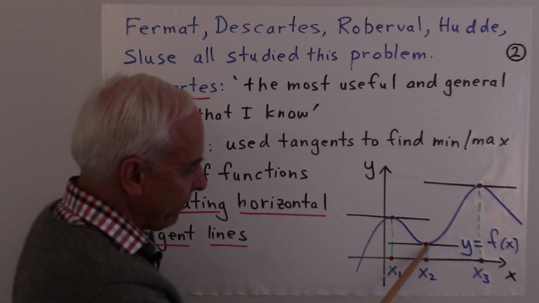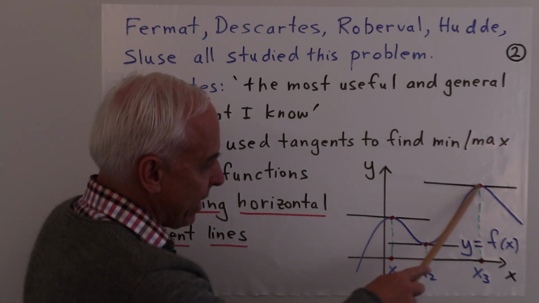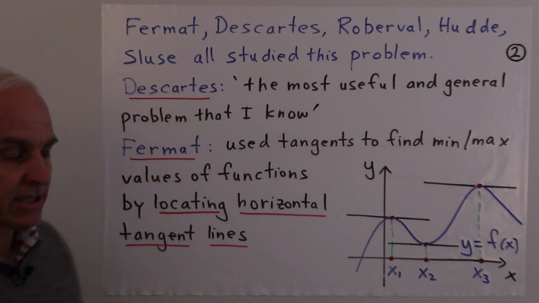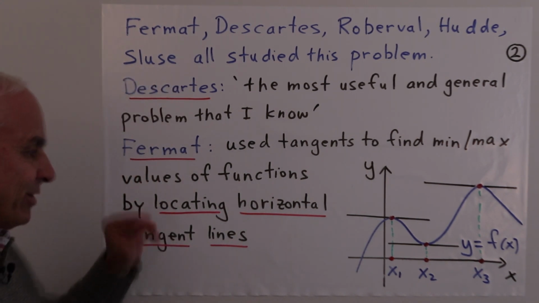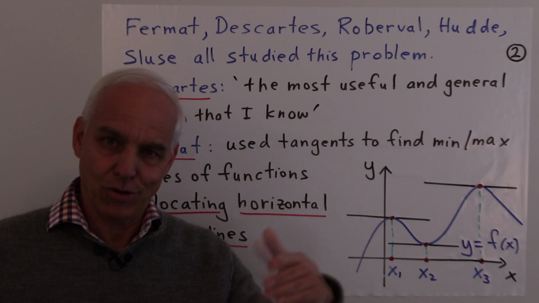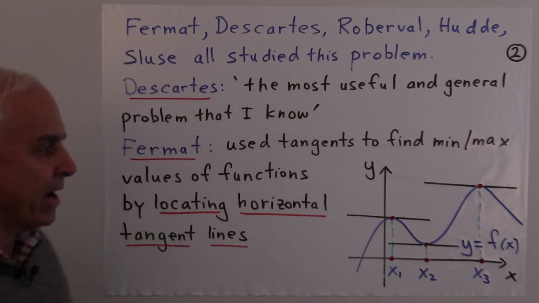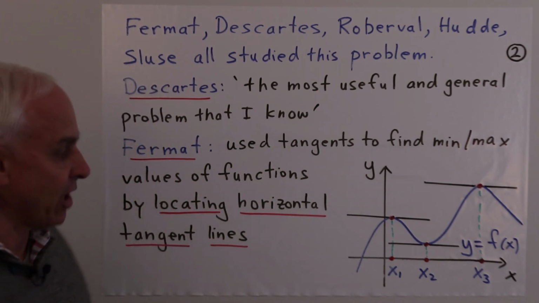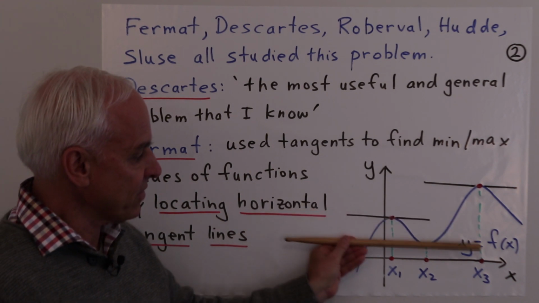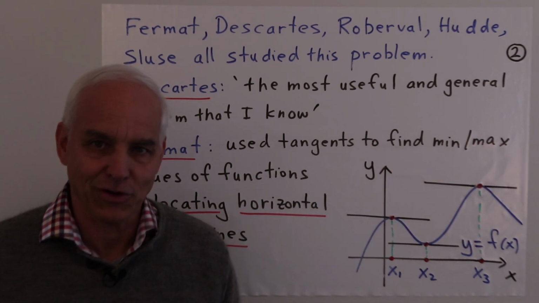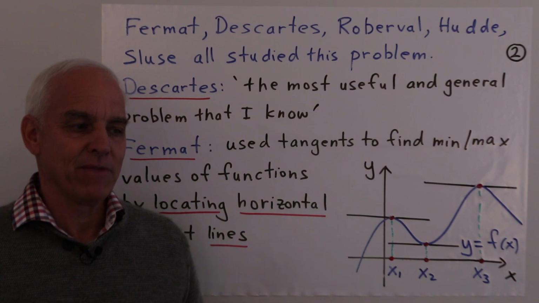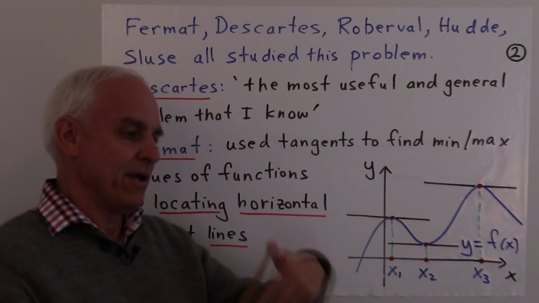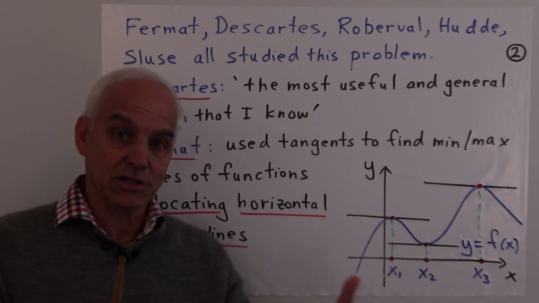And here at x2 we have a local minimum, and over here at x3 we have another local maximum. And Fermat realized that we could find those local maxima and minima by essentially having control over tangent lines, because at those points the tangent lines are going to be horizontal. It's a key insight of Fermat. So we can find these points by finding out when the tangent lines are horizontal.